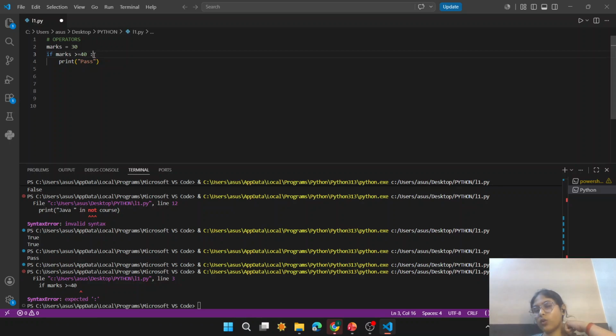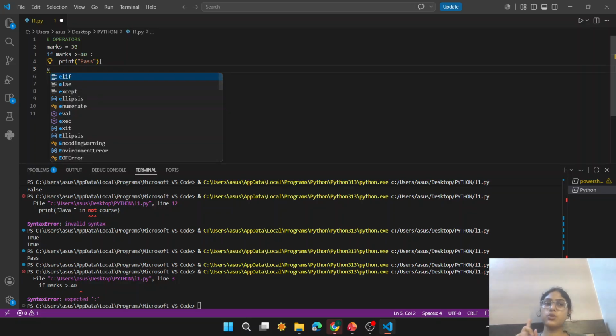But it's not like only one condition will be there. Suppose the student fails. Should the program remain silent? No, it should print something, that the person has failed. So for that, along with the if, we can use another thing that is else. Else is used exactly like that, only else does not have a condition.